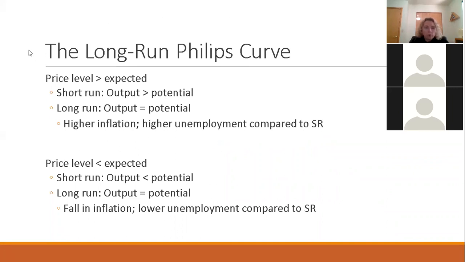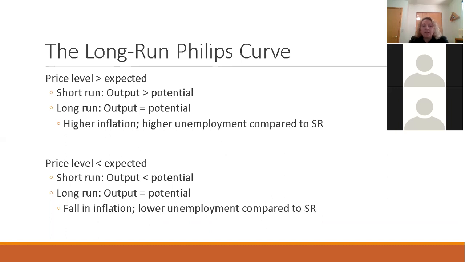When price level is less than expected in the short run, output is greater than potential, it creates that expansionary gap. But in the long run, output is potential. We always come back to that sustainable level of production. In this case, we usually end up with higher inflation and higher unemployment in the end, because we come back to the same place.